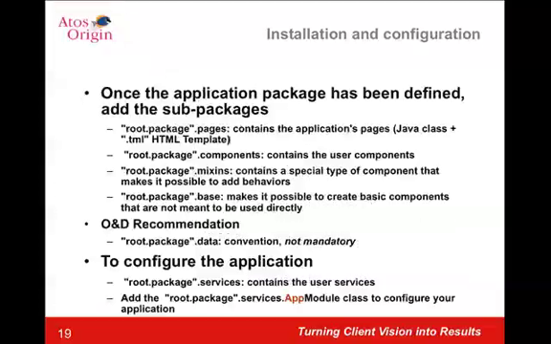This is the package structure of a Tapestry 5 application. You will have to respect these structure rules to design your applications. You will have pages. This package will contain all your pages, components for the components of your application, services for all your services. It will contain the configuration module of your application. Mixin is a particular type of component.